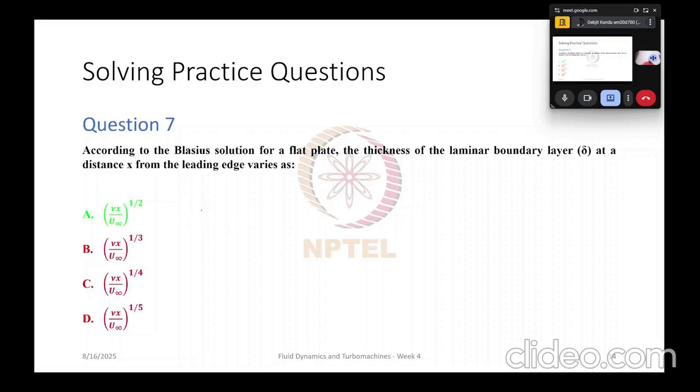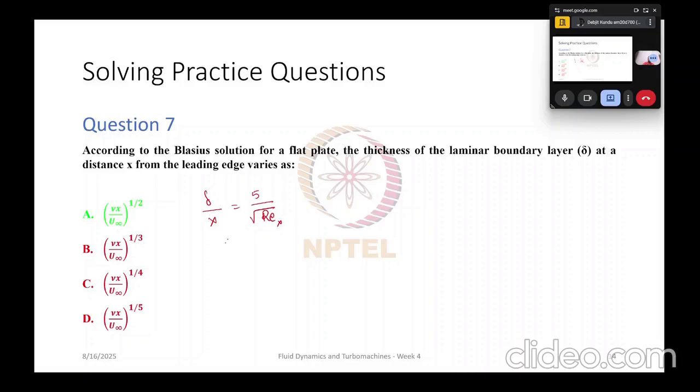One easy way to remember one of the key findings of the Blasius solution is that delta over x goes as 5 over root Reynolds number x, Rex, the Reynolds number defined by the distance from the leading edge.